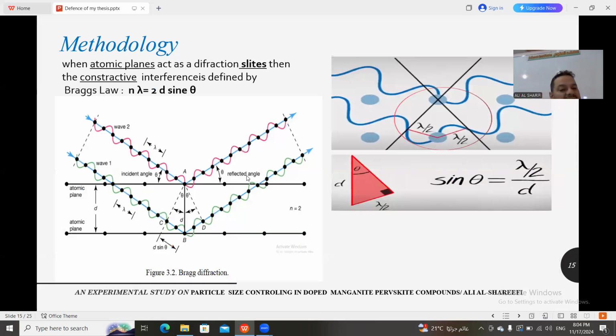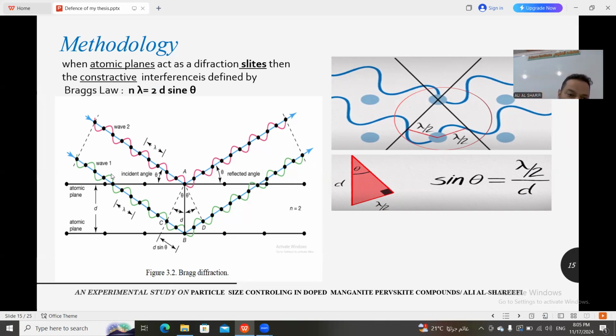Now let's take a deeper look. When atomic planes act as a diffraction slit, like I said before, the constructive interference is defined by Bragg's law, lambda equals d sine theta. I have a single phase, a single wavelength, because of that I said lambda equals d sine theta.